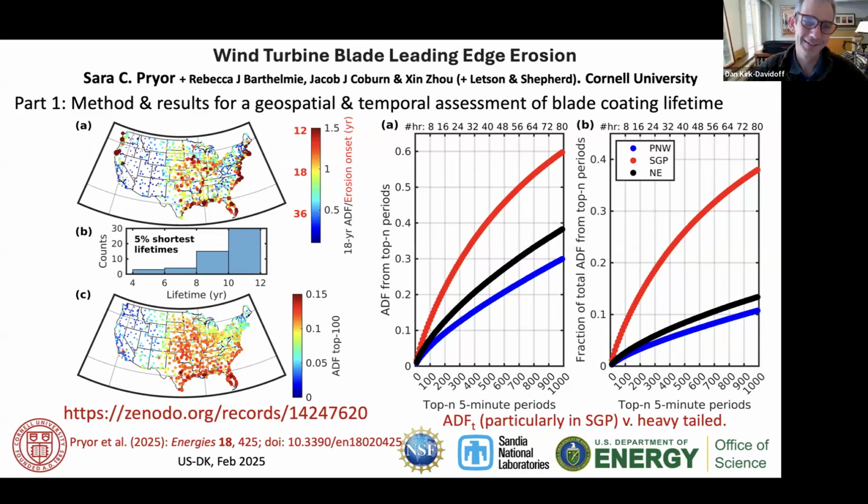And we don't want that in the US, do we? And you'll see this northeast is actually the closest ASOS station to the Massachusetts lease area, and it's suggesting that it's a pretty erosive climate out there.